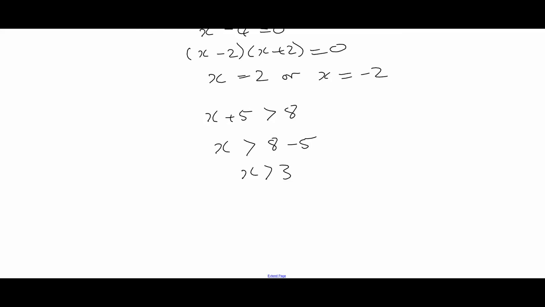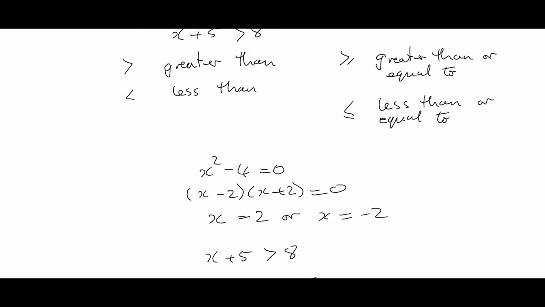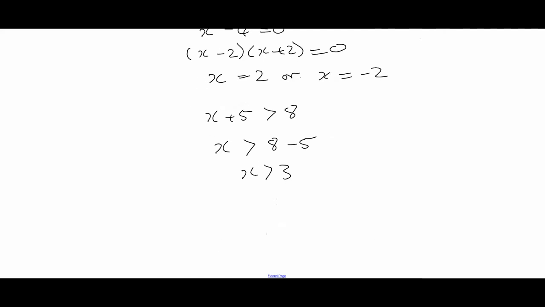Now, unlike the equation, where there were only two discrete values for which x squared minus 4 equals 0, we just had x equals 2 or x equals minus 2, here for the inequality we have a whole range of values.